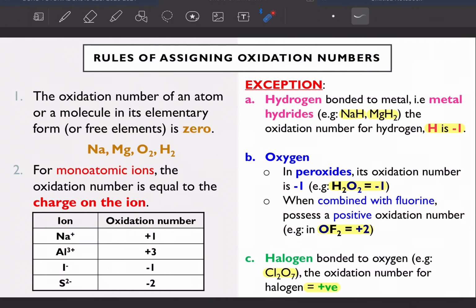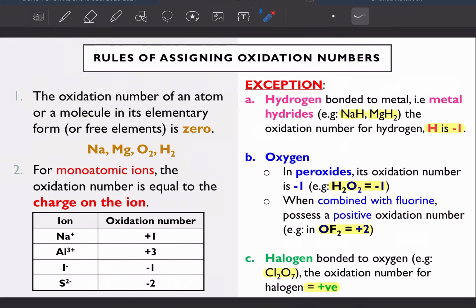Okay, sama juga dengan oxygen molecule. Oxygen memang exist as oxygen gas molecule. So these two will have oxidation state of 0. Okay, this is their natural state lah, lowest energy state. Okay, benda ni rule pertama yang awak kena tahu.